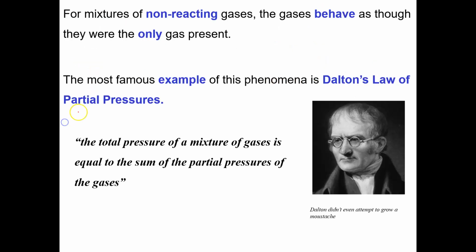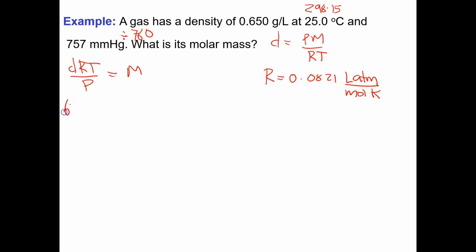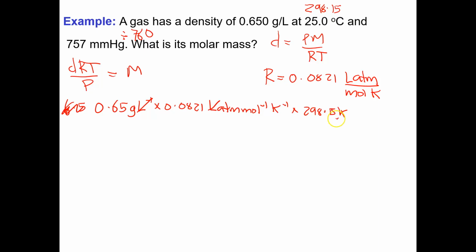So let's put all of this together. My density is, oh, so not 6.5, 0.65 grams per litre. R is 0.0821 litres atmosphere per mole per Kelvin. And then my temperature is 298.15 Kelvin. So this is going to eliminate litres, and it's also going to eliminate Kelvin.